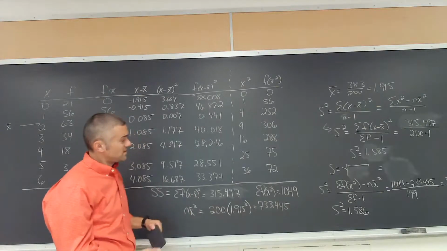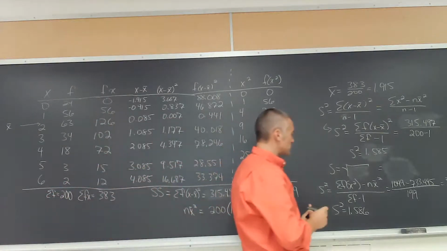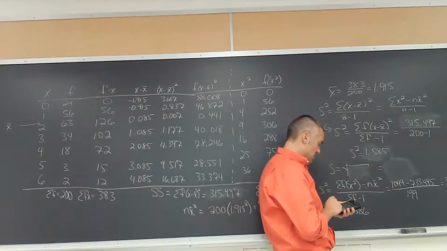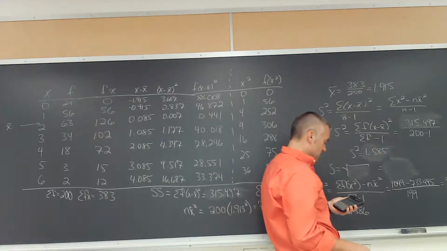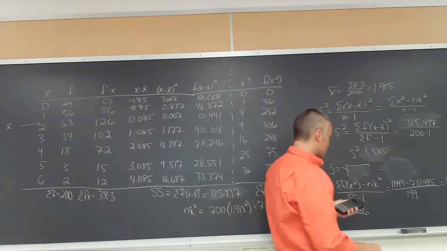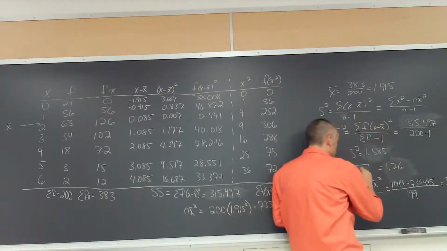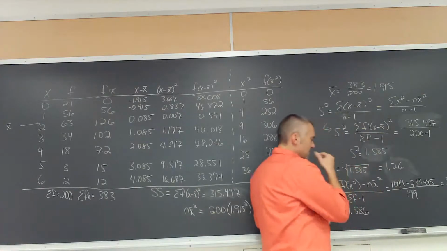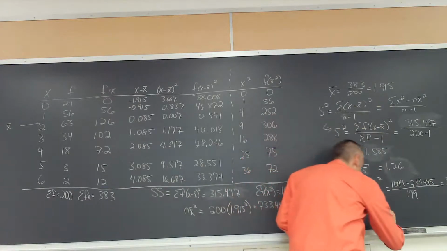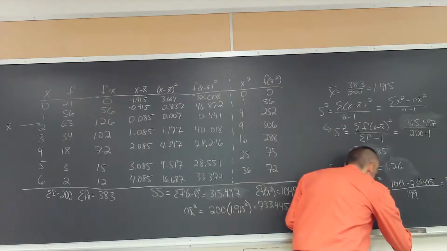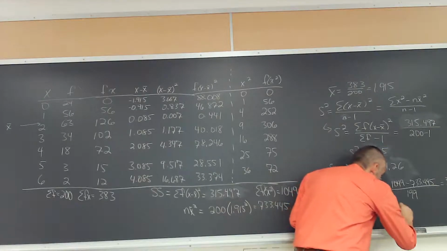Standard deviation is simply the square root of those values. So just the square root of 1.55 is 1.26. That's going to be basically the same. Square root of 1.56.